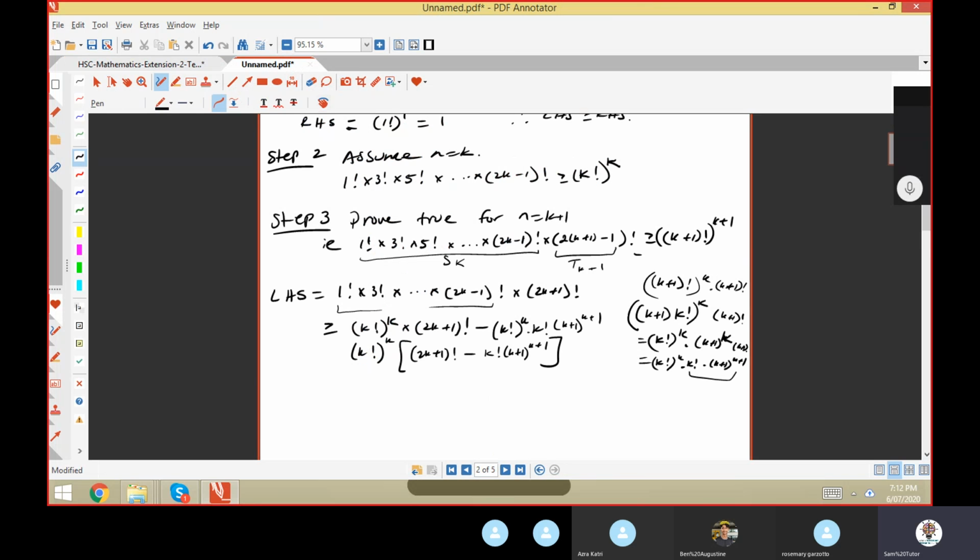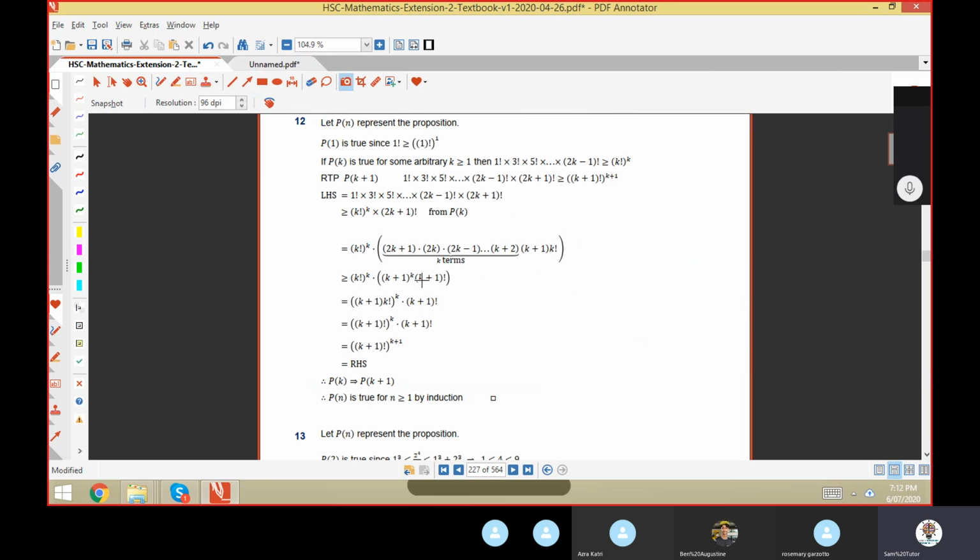The only reason you would bring k plus 1 to the k in is because, as you can see on my right hand side, I've got k plus 1 to the k. So it's more of a fudging technique. It's not really a justified way of doing questions. And then once you know that, you bring everything in and say, therefore it's equal to the right hand side. So really poor question choice, but it is what it is.